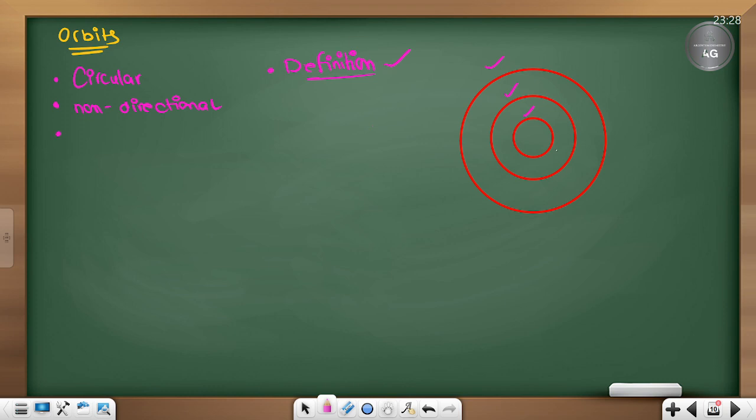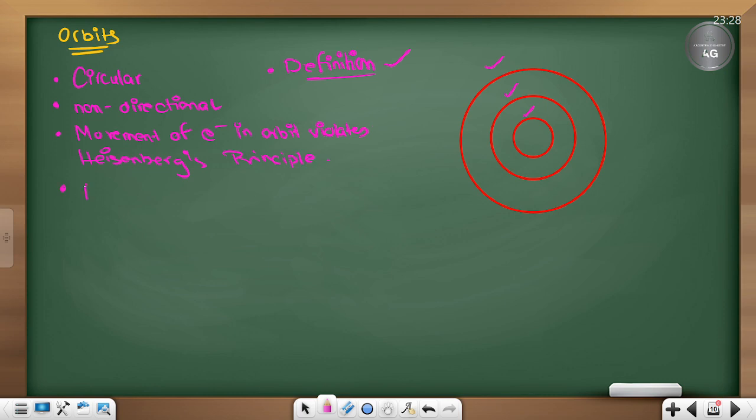Now, electrons moving in an orbit is against Heisenberg. The movement of electrons in an orbit violates Heisenberg's principle. Clear?